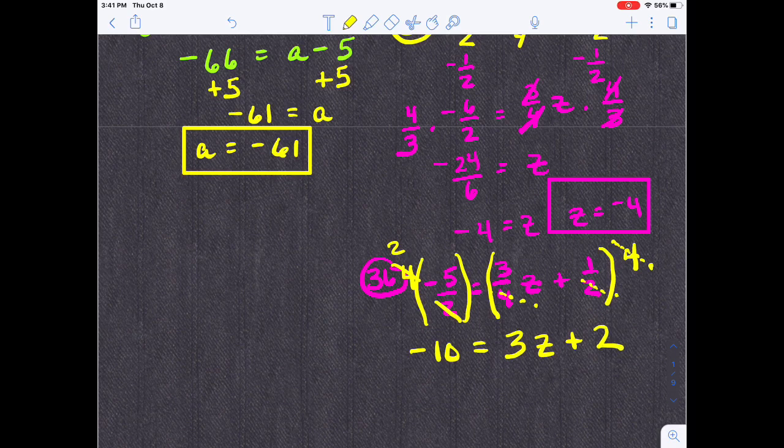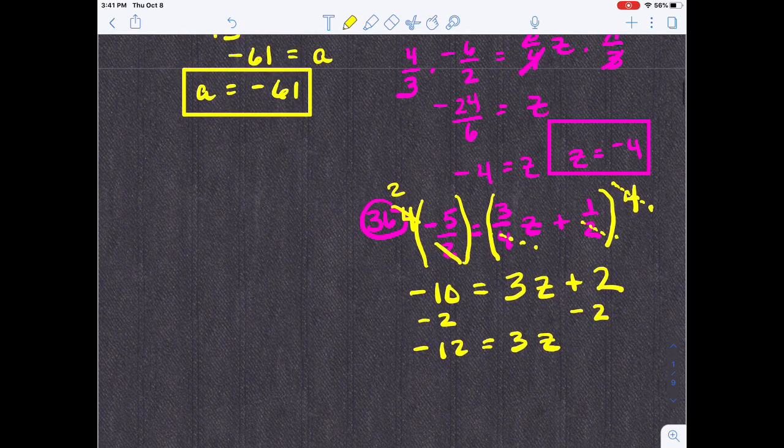And now I have a problem that is equivalent to my original one, but has no more fractions. So if I finish this out, I'm going to subtract 2. Gives me negative 12 equals 3z. Divide by 3. And I have negative 4 equals z, or z equals negative 4.